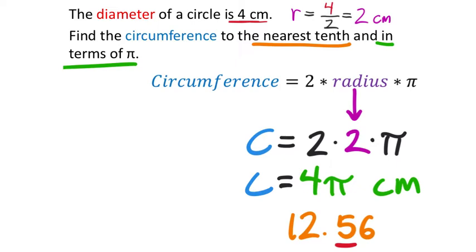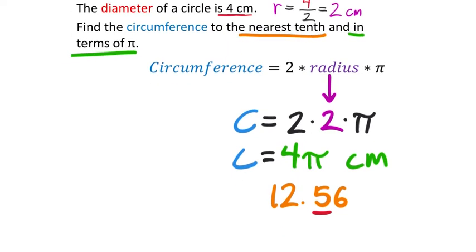So I looked at my tenths place value. It's a 5. And I look immediately to its right. Well, it's a 6, which is 5 or more. So that means I need to add 1 to the tenths place value, okay?